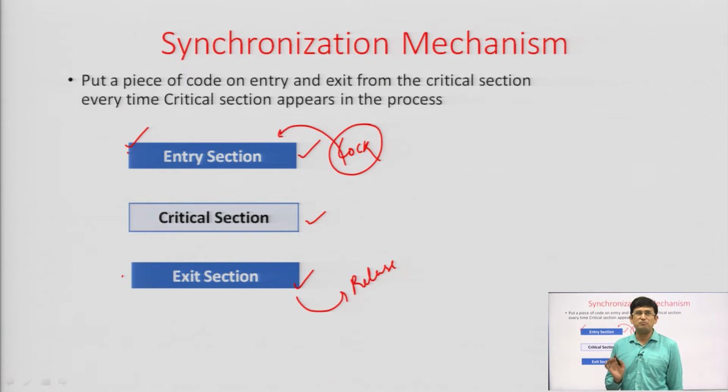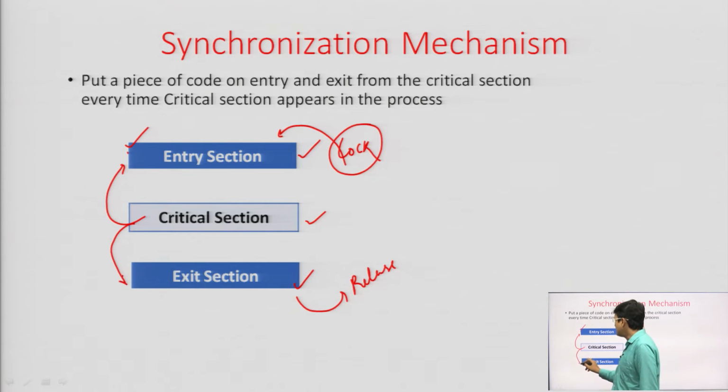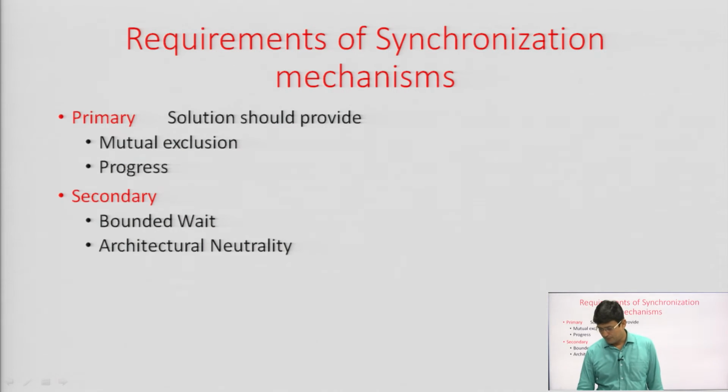So, we should apply some part of code before the critical section and below the critical section. This comes as a responsibility of the operating system to create a balance between the cooperating and the competing processes by applying some entry conditions, some exit conditions, so that the synchronization is maintained.